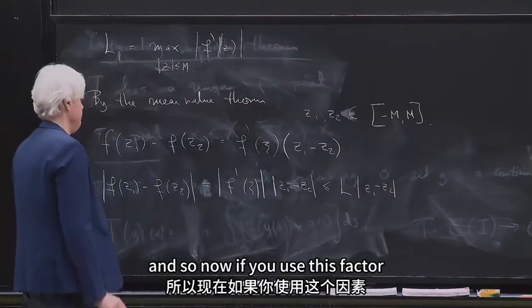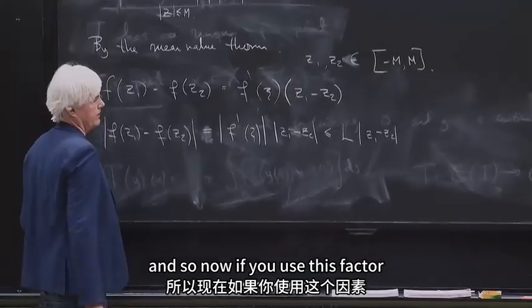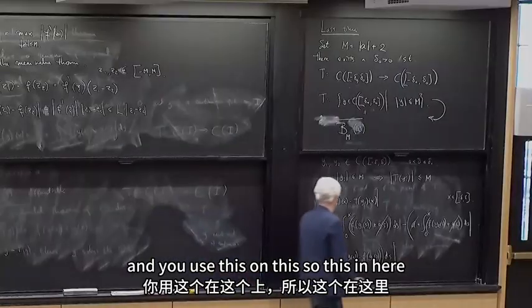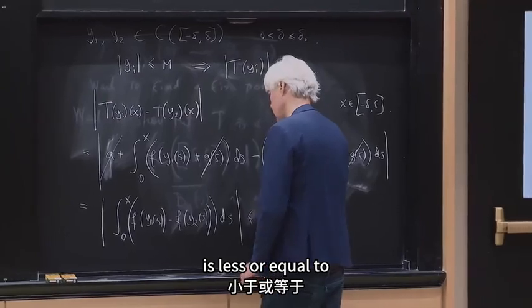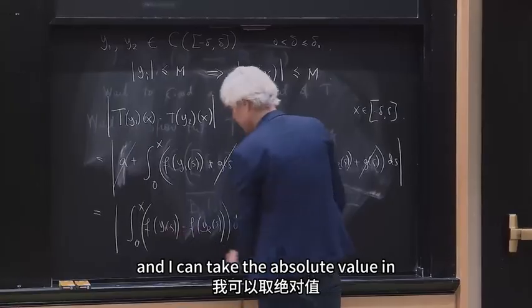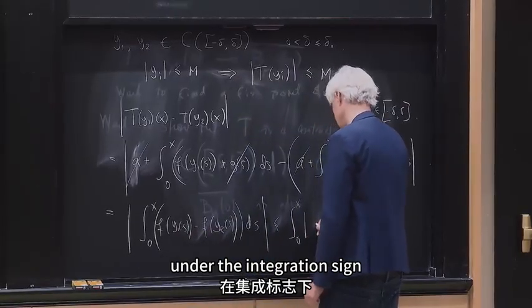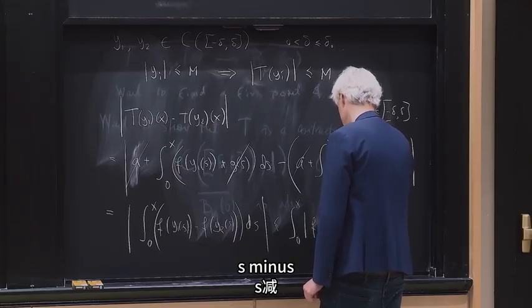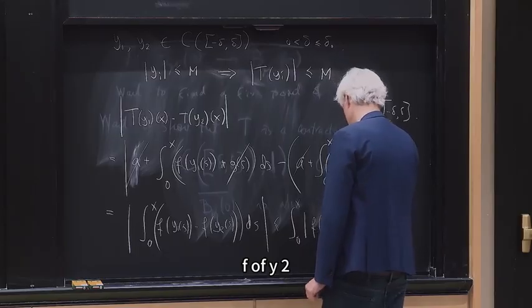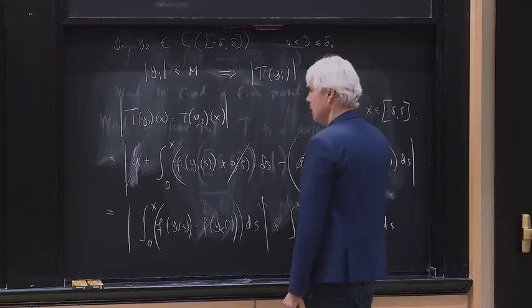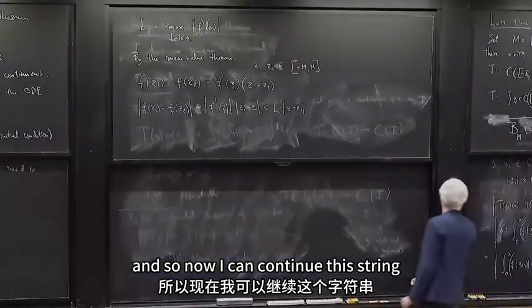And so now, if you use this fact here on this, this thing here is less or equal to the integral from 0 to x, and I can take the absolute value under the integration sign. So I get f of y1 of s minus f of y2 of s ds. And so now I can continue this string.